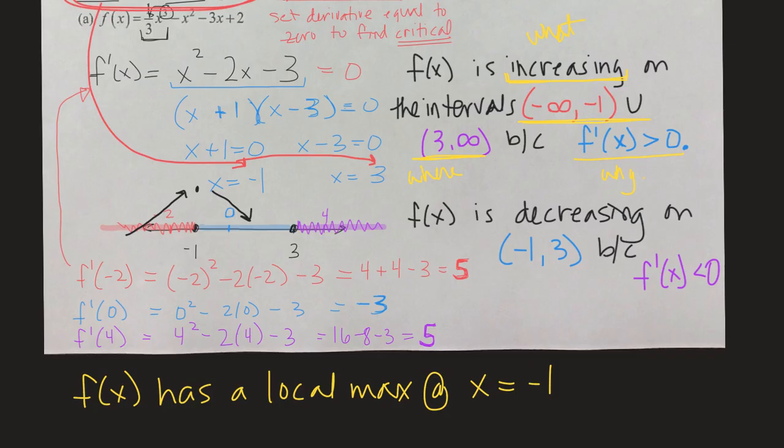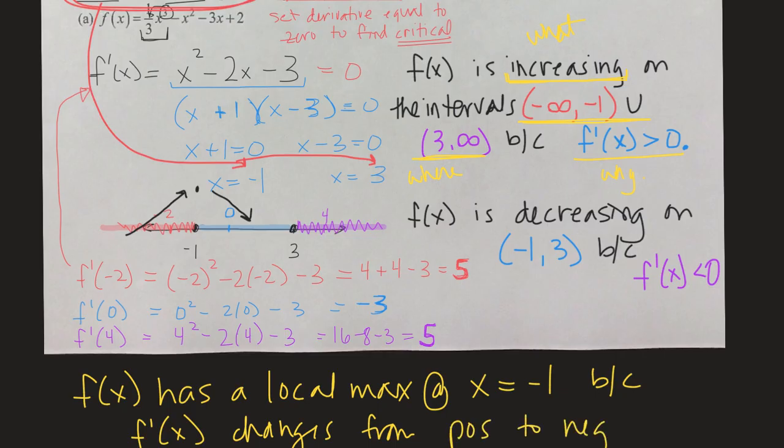So we have a local max at x equals -1 because f prime changes from positive to negative. We did all of the work for f prime, so we have to talk about f prime as part of our reason.